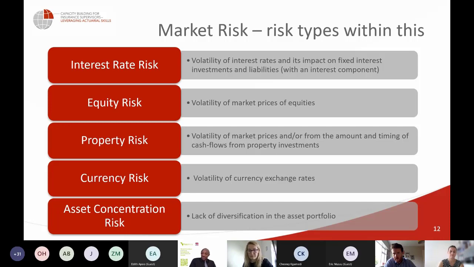Maybe there are some assets that are denominated in a foreign currency, and if that particular currency moves, you might need to present that within your local currency value in the balance sheet, and that will have an impact on your balance sheet.